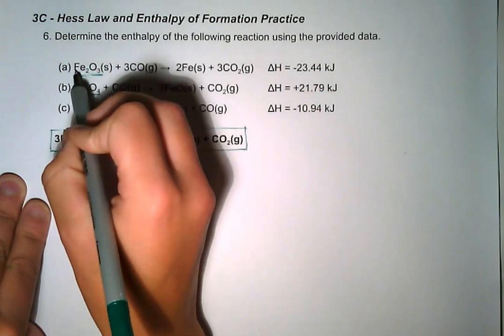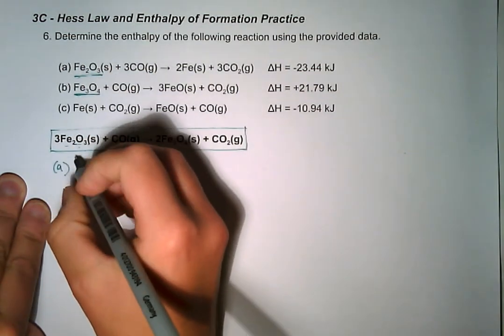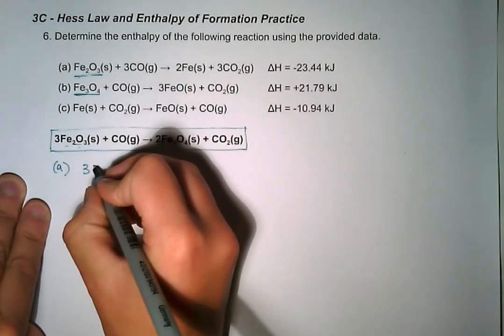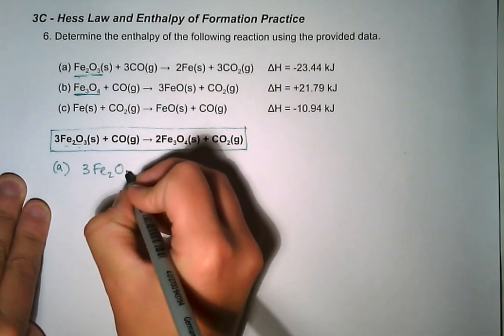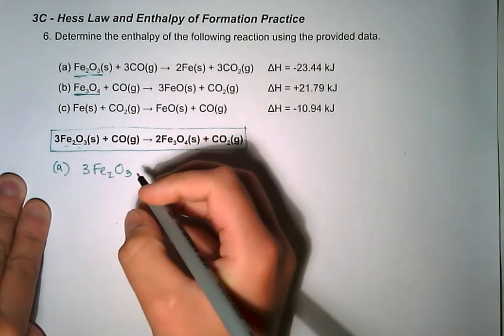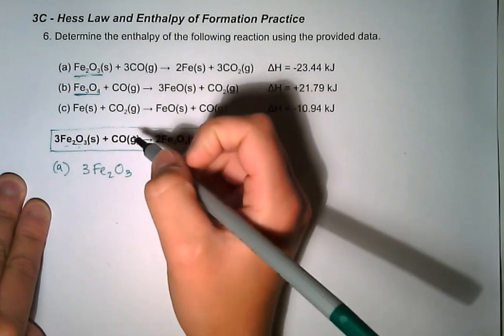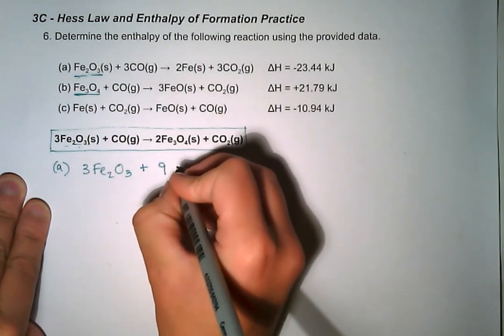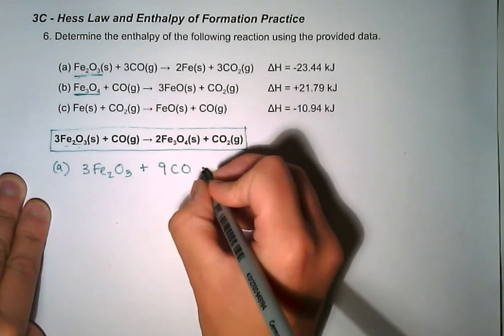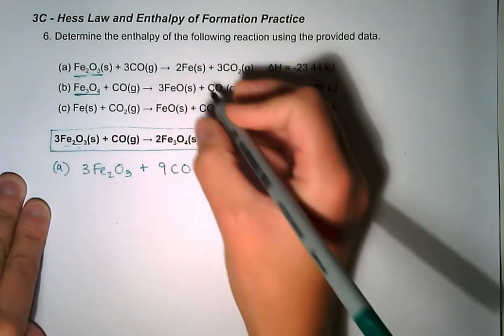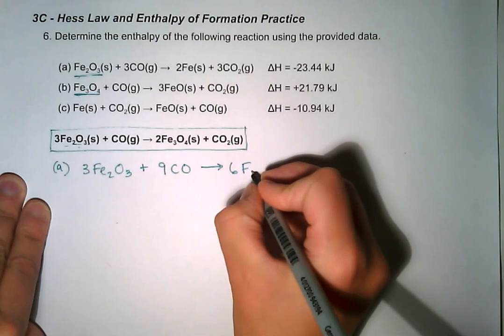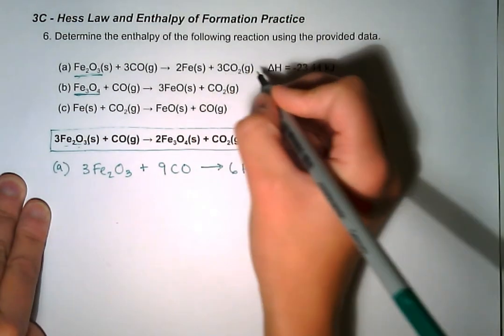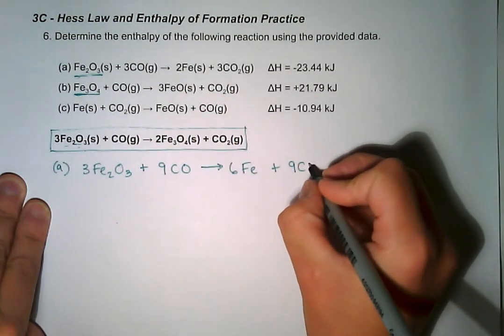So Fe2O3, I'm going to get 3 Fe2O3s, and then I will have 9 COs, and then that is going to yield 2 times 3, 6 Fe's, and 9 CO2s.